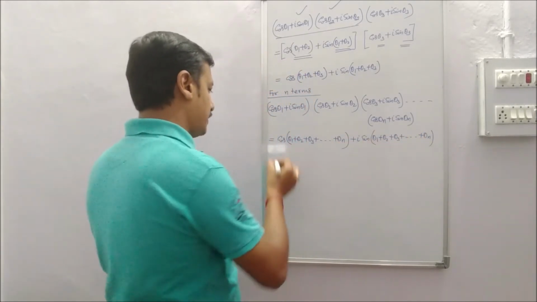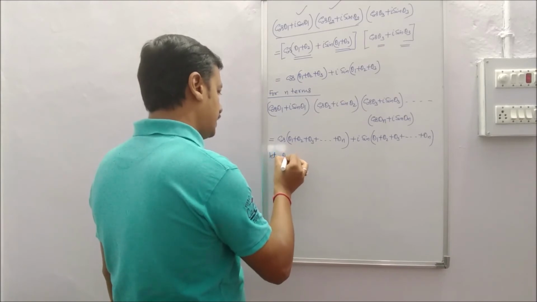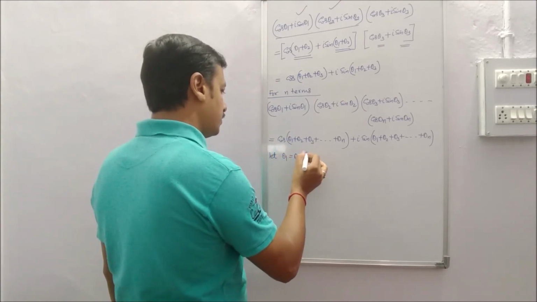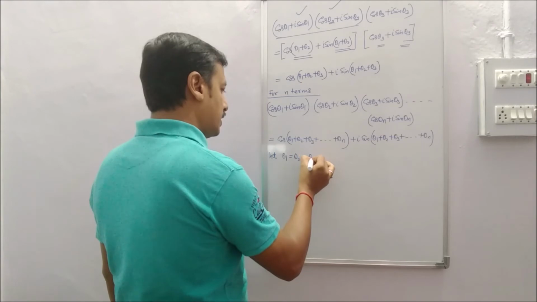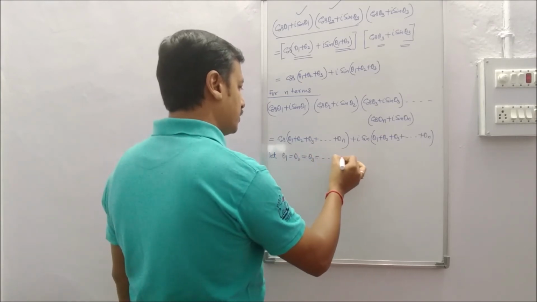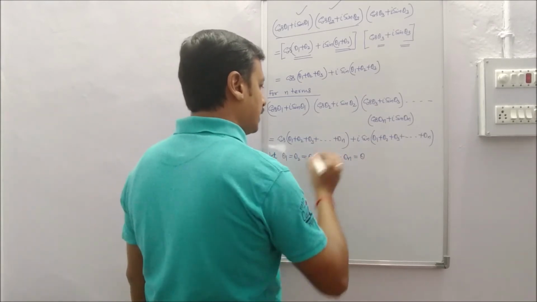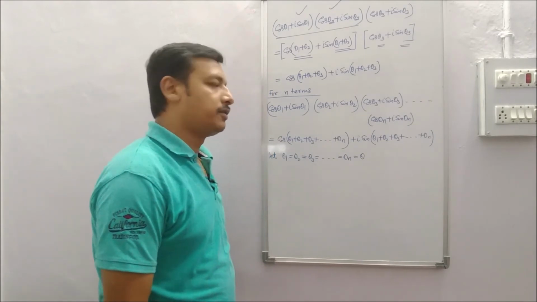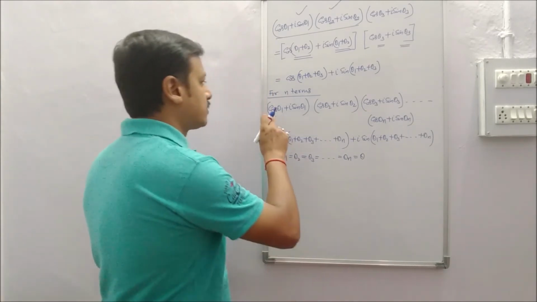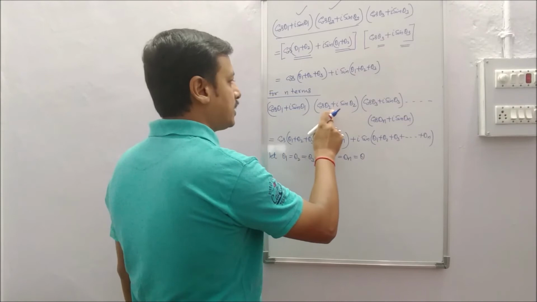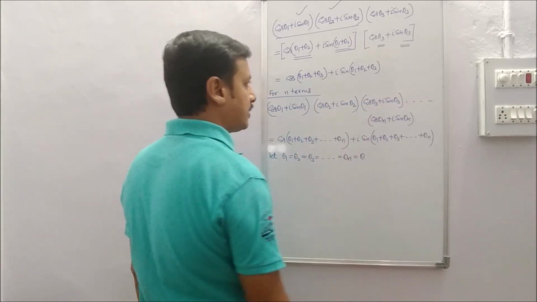Now let theta 1 equal theta 2 equal theta 3 equal theta n, all equal angles, equal to theta. So it is cos theta plus I sin theta, cos theta plus I sin theta, cos theta plus I sin theta.